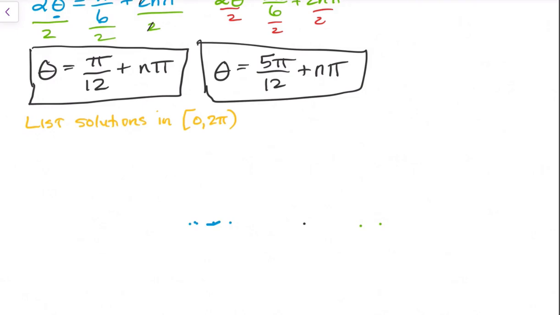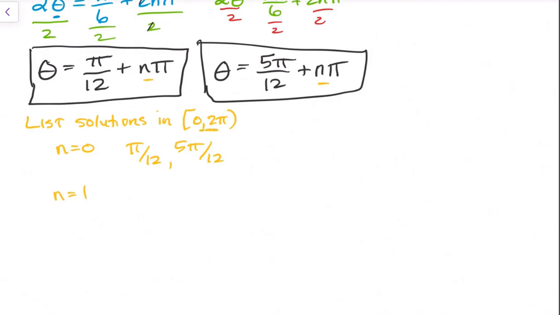So if I start off and let n equal 0, then I get 2 angles, pi over 12 and 5 pi over 12. And if I let n equal 1, I'm going to be adding pi to both of those, which would still keep me in that interval.